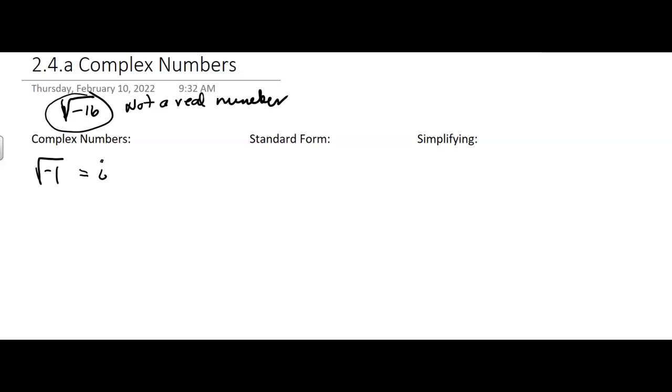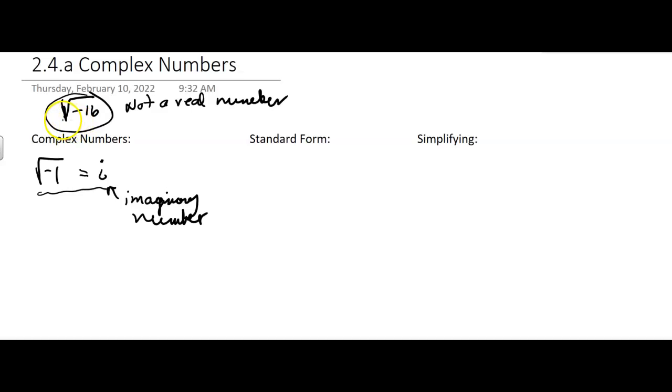And that is called the imaginary number. So it's imaginary. It's not a real number, okay? And now what we're going to do, though, is we're going to be able to represent complex numbers by using this idea that the square root of negative 1 is equal to i.